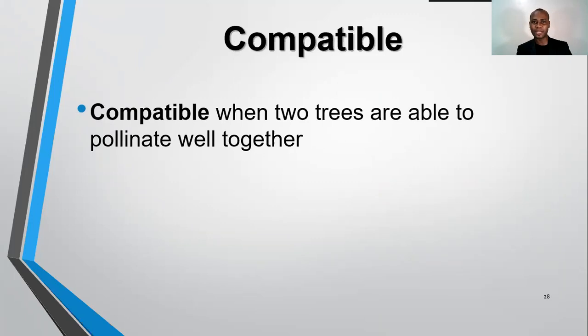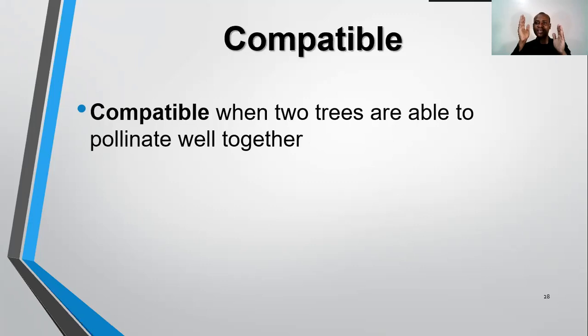Now, the first thing we'll talk about is compatibility. Trees are compatible when two trees are able to pollinate each other. If tree A is able to pollinate tree B, it means they are compatible.